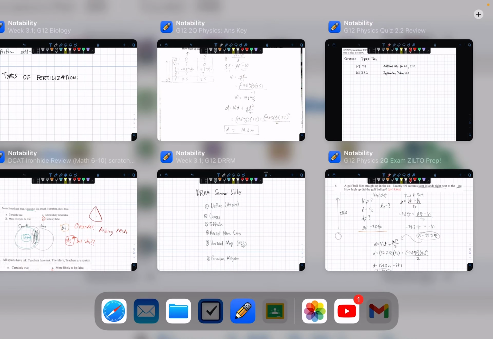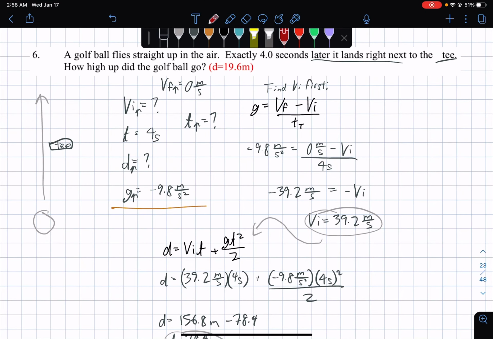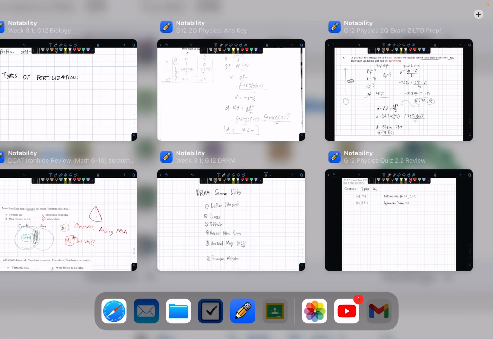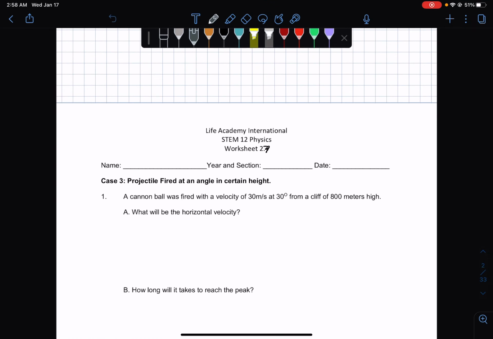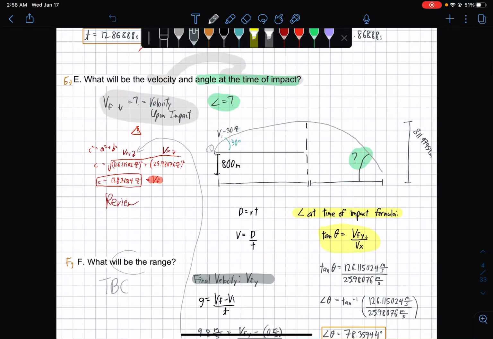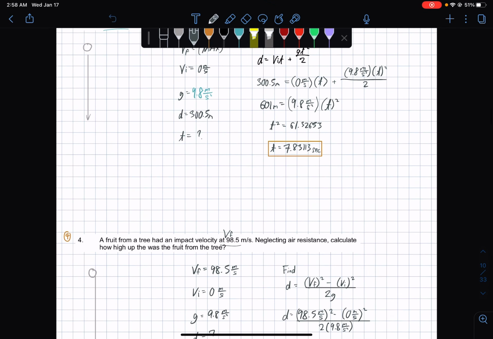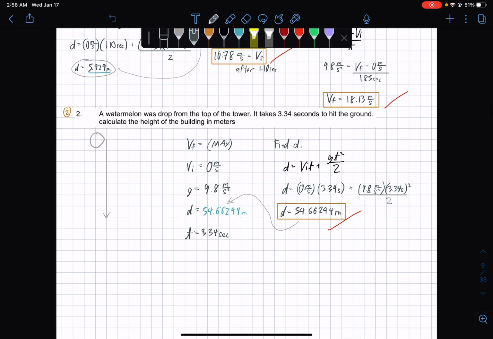Okay. I suppose I've never answered this before. I'm actually surprised. Why didn't I have notes on this kind of question? No, no, no. I remember. I remember solving this before. I'm just not sure where it is. Found it.